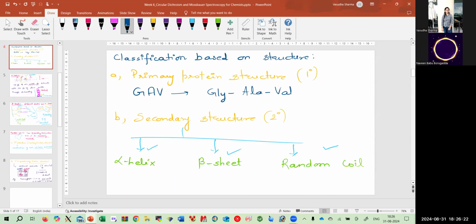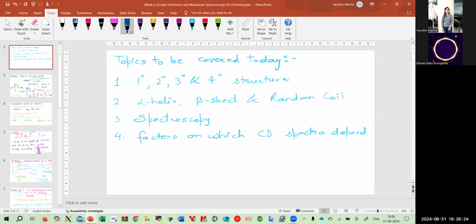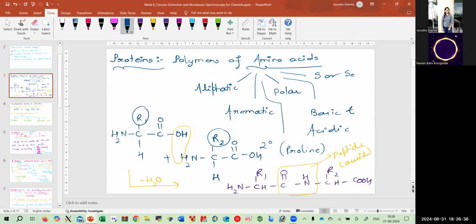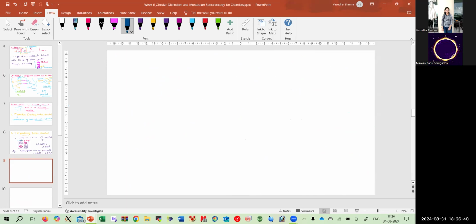So these were the topics that we are going to talk about. We have already discussed what the four different structures are. We have also discussed the alpha helix, beta sheet, and random coil. Now, the main part of today's discussion, which is very important, is how we find out the protein structure.